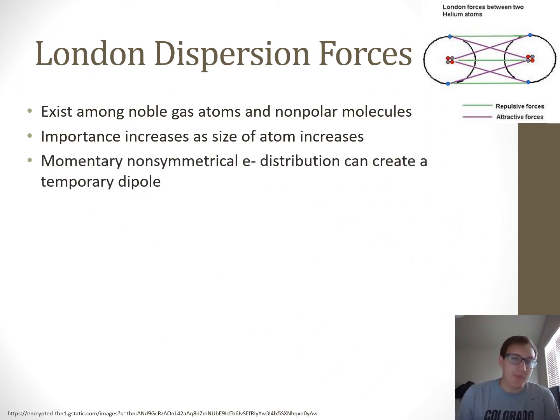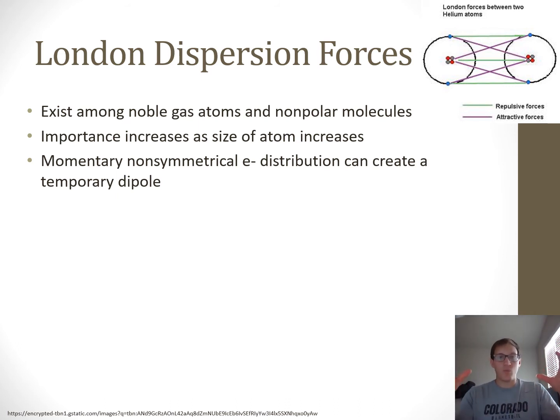And so what happens here is that you have a momentary non-symmetrical electron distribution that creates a dipole-dipole situation. So as you have this atom, electrons are going around the nucleus incredibly fast. And so when you have two of them, there's a momentary time where an electron is on the outside of one and it's temporarily so far away from its nucleus that it's actually attracted to the nucleus of the molecule next to it.